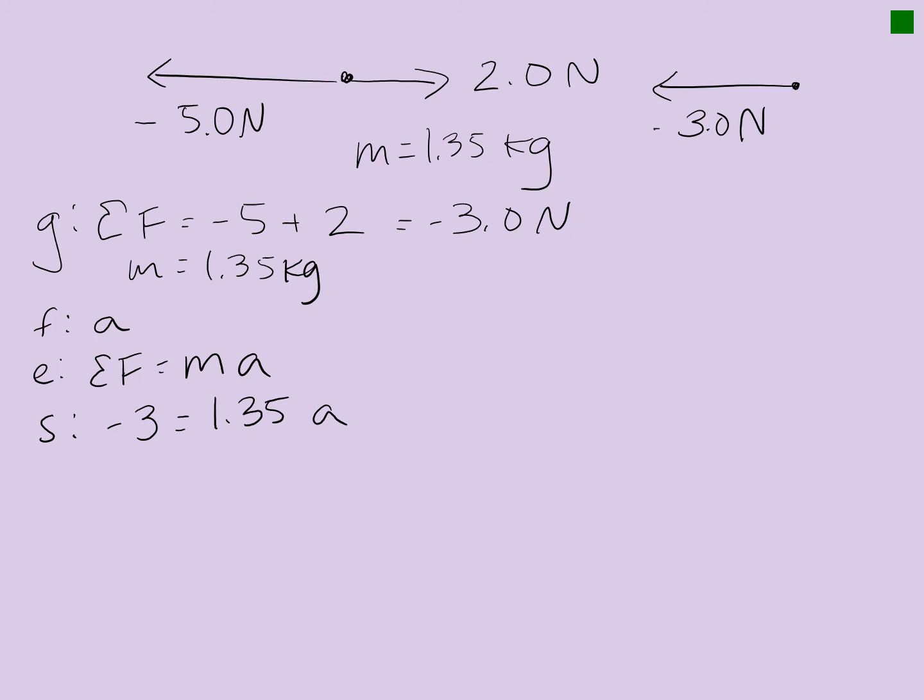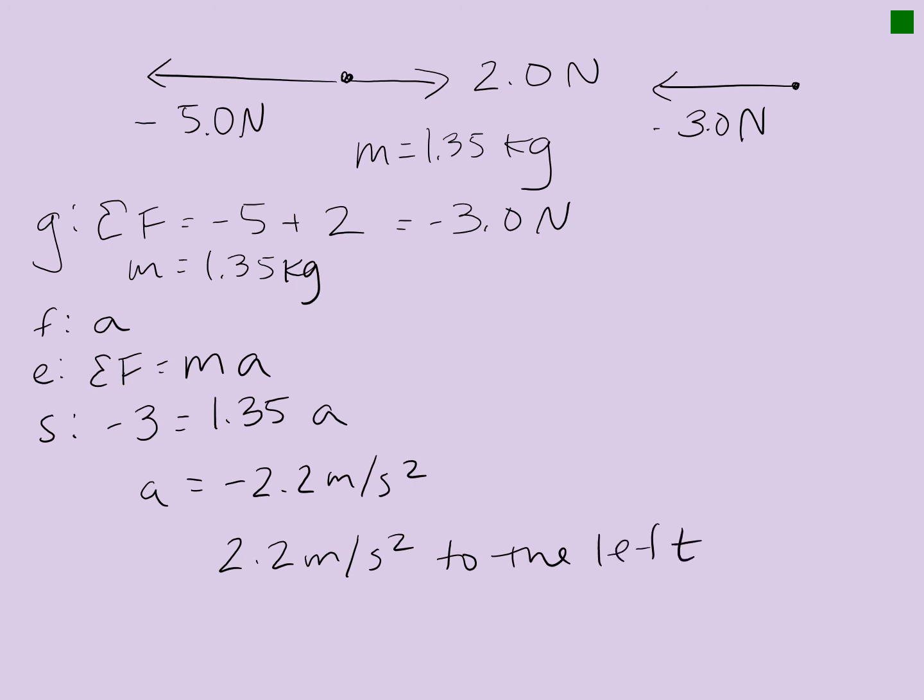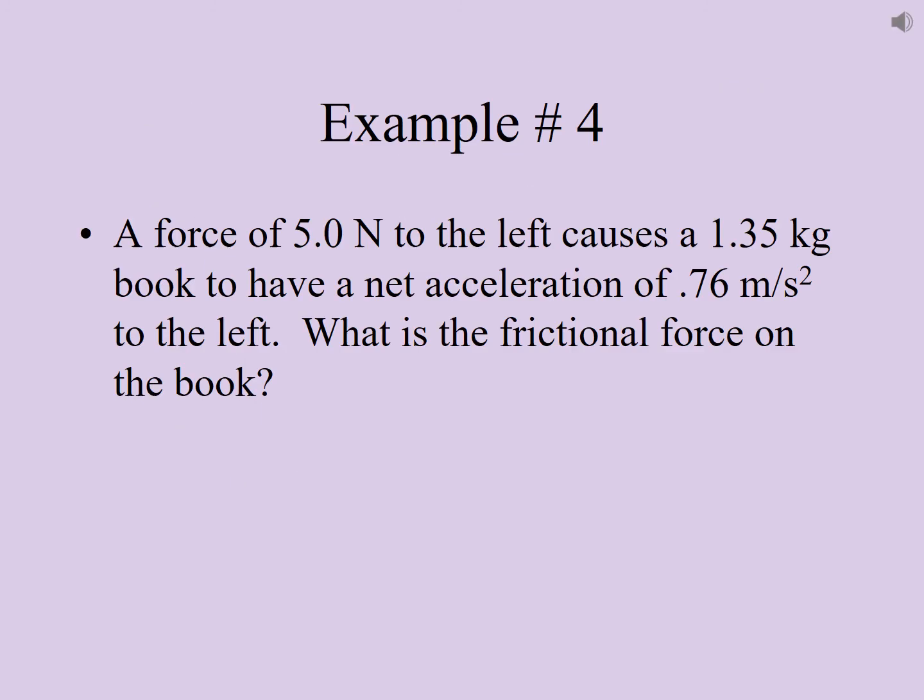So when I solve this, I get a equals -2.2 meters per second squared. What does that mean? That means that my book was accelerating 2.2 meters per second squared to the left. Okay, and that's my acceleration of my book.